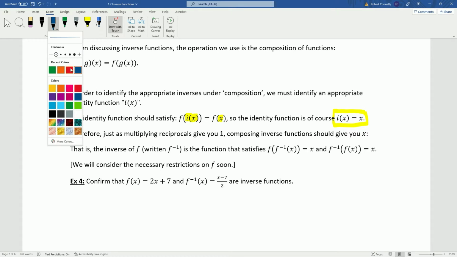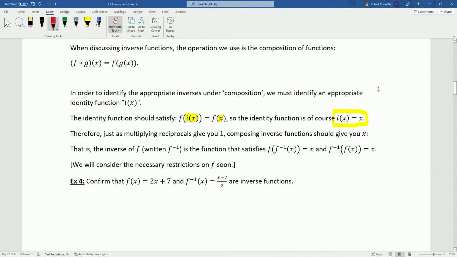So I want to be really clear. f inverse is not 1 over f. Do not do that. These are not equal. This is the most common mistake I see dealing with inverse functions, and this is absolutely not correct.